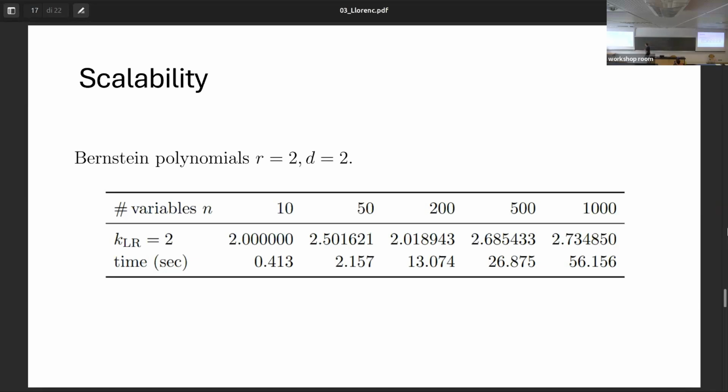But the point here is that it's computationally doable, right? Only 56 seconds we can calculate something like this. Basically, 1,000 variables and degree 2, which means a polynomial of 1,000 variables and total degree of 2,000. So we can compute this in 56 seconds, and it would be like a fully dense polynomial.